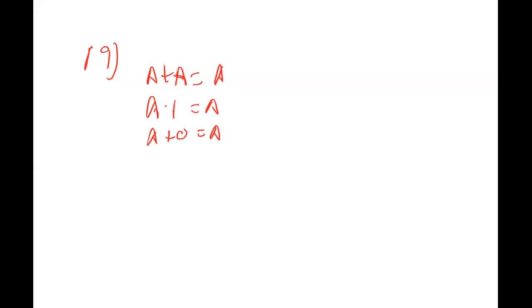So what you want to do, in case you're wondering, is check the list of theorems and axioms, which I think are somewhere around page 51. So go to page 51 of the book and look it up.